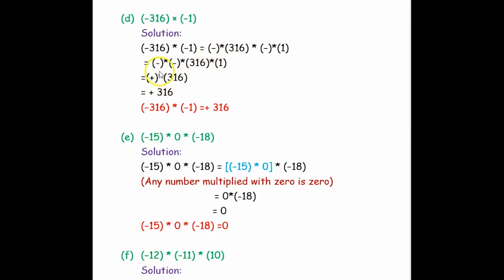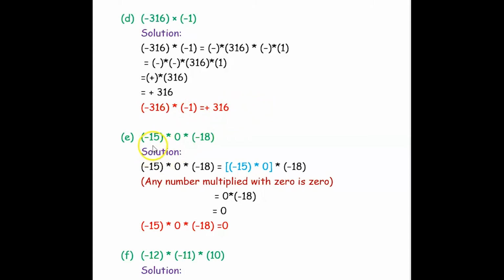We know that negative into negative is positive, into 316 into 1, that is 316. So, positive into 316 is positive 316. Here also we are multiplying two negative integers, that is an even number of negative integers, so our result should be a positive integer. I am writing the positive sign and multiplying the integers. 316 into 1 is positive 316.